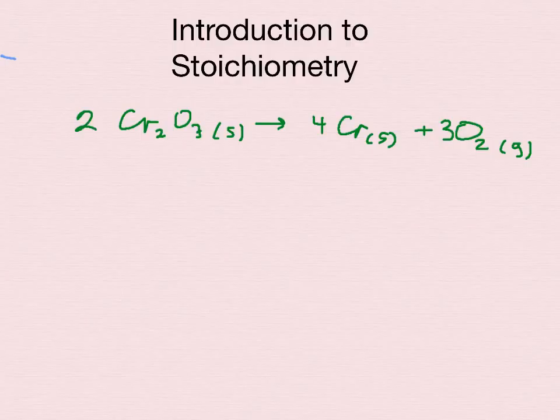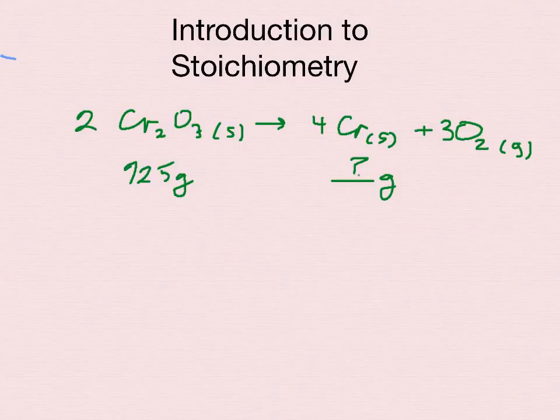It's not very often, however, that we work with whole numbers of moles in a lab. So here's a typical question. If you had 725 grams of chromium 3 oxide, you may want to figure out, based on the theory, how many grams of chromium you could produce. Let's just say chromium was a precious metal. You wanted to sell it.